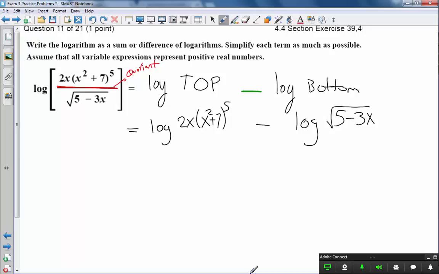Next. Alright, hint. What is this? A dot, a red dot, times, a product. How do you separate the logarithm of a product? It would be 5 log of x squared plus 7, plus log 2. Yes, we separate this and that.